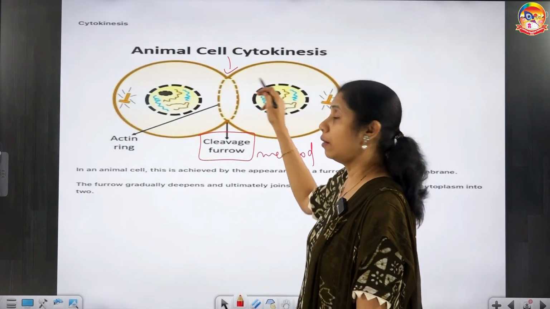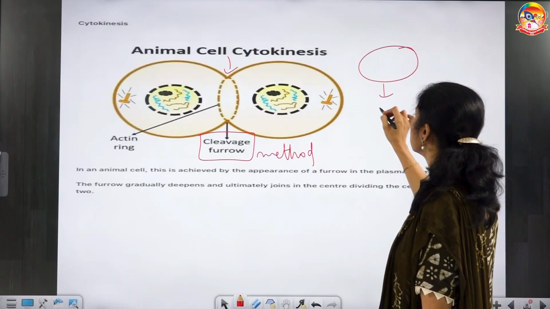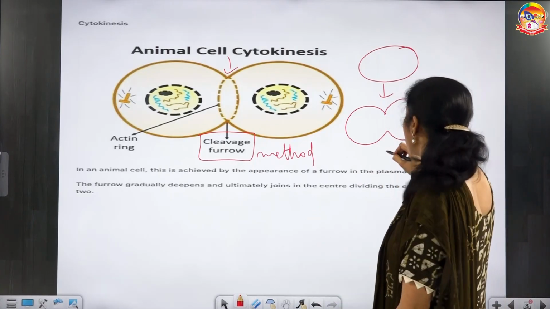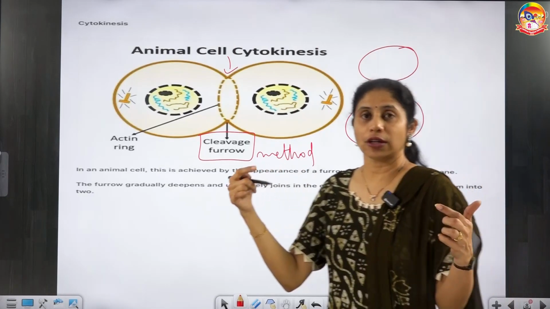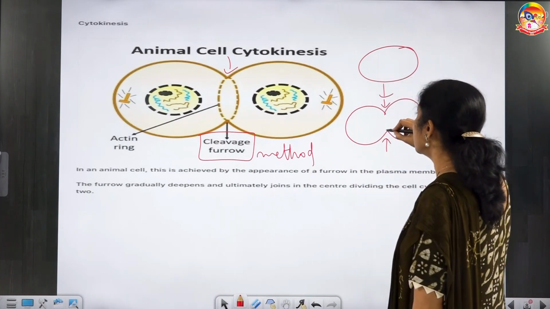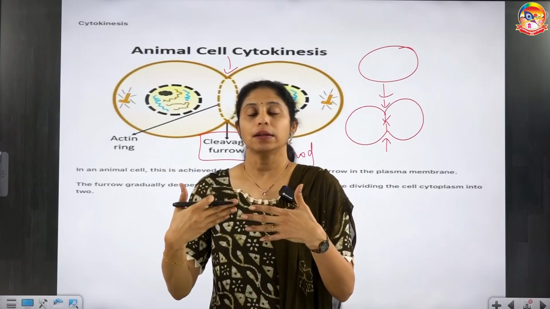The plasma membrane of the parent cell will be constricted exactly in the center like this. One invagination will be appearing in the center of the cell and that grows towards the center.